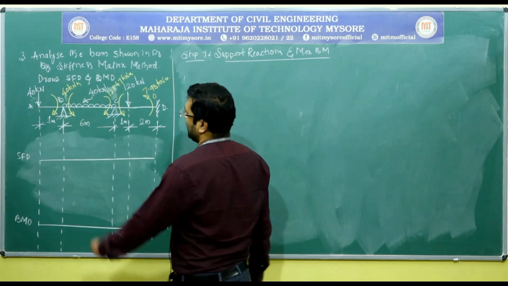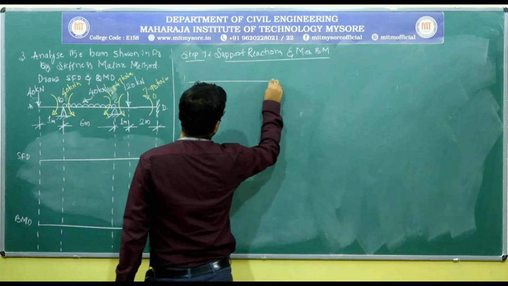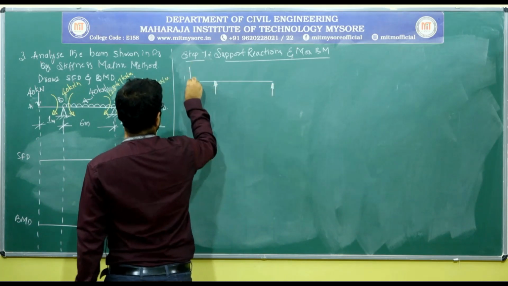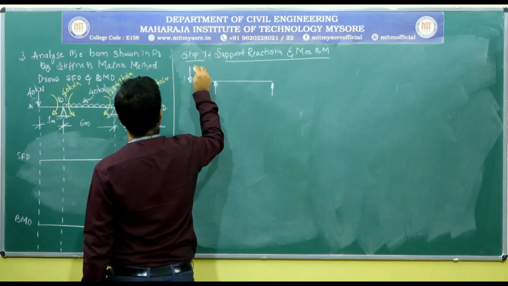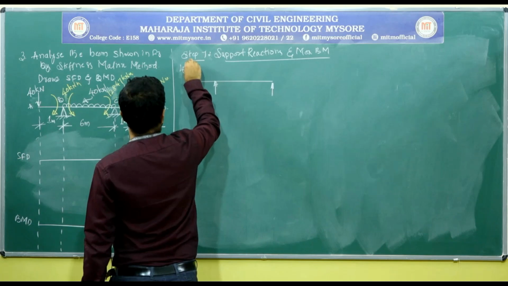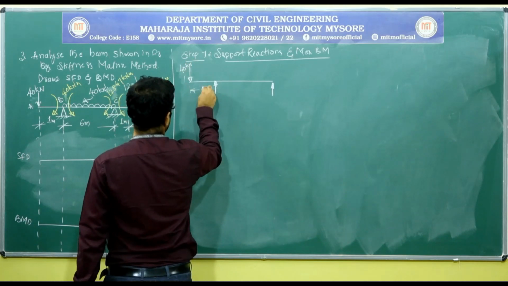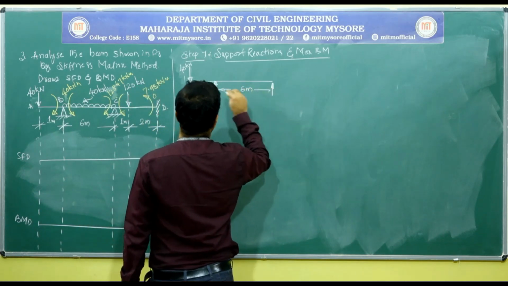Here I will consider the AB and BC spans together, so it is easier for me to go for the calculation. This is a 40 kilonewton load. This span is 1 meter, and this is about 6 meter.